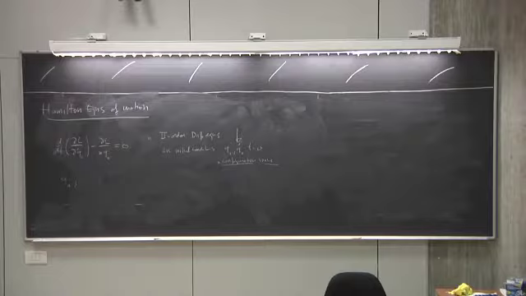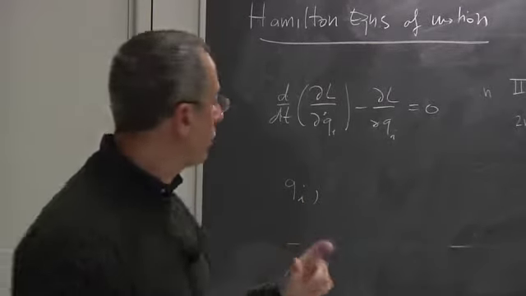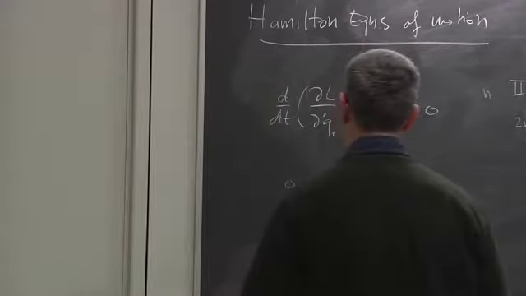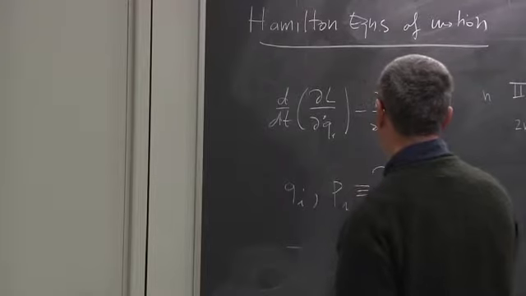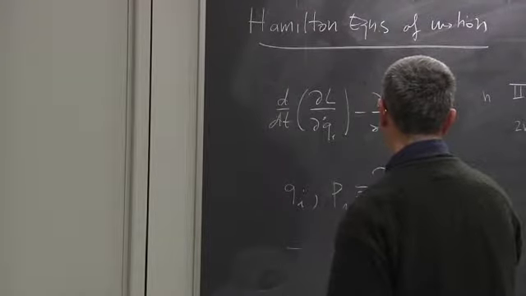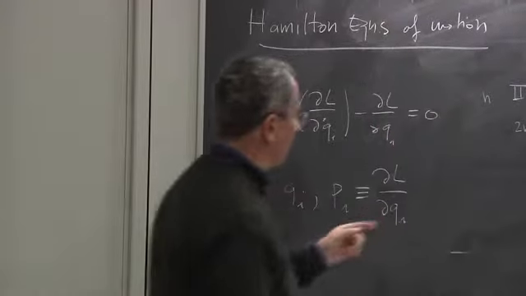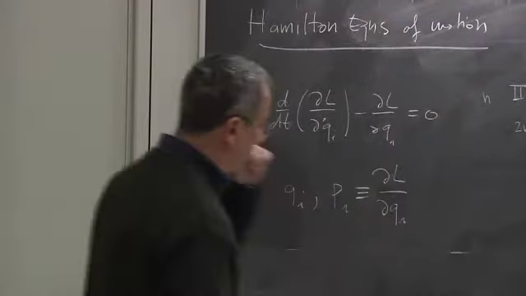So the natural conjugate variables to the coordinates are not the velocity, but rather the momenta that are always defined as this derivative of the Lagrangian, and that's why I call them the conjugate momenta.